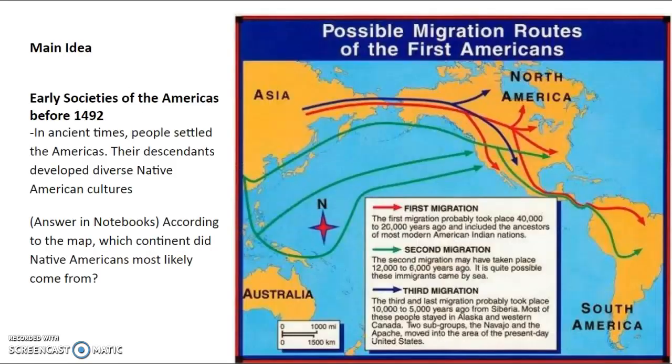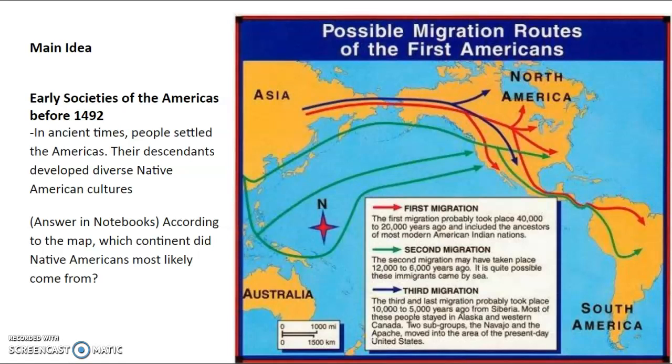So the main idea behind this is the earliest societies of the Americas before 1492. In ancient times, people settled the Americas. Their descendants developed diverse Native American cultures. So what that means is, before Christopher Columbus came to the Americas, there were people already living here.